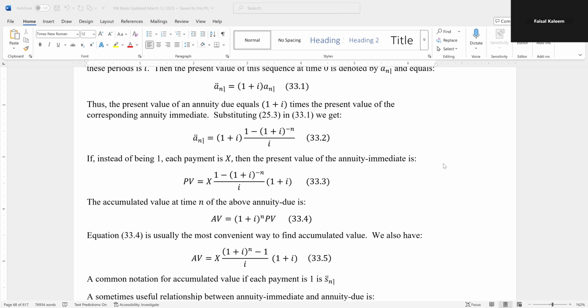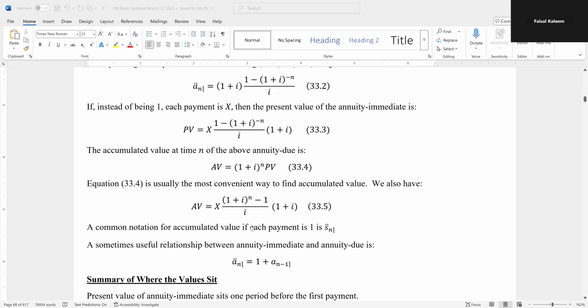And the accumulated value is again the fundamental rule that anytime you have a present value and you want its accumulated value after n periods, you just multiply the present value with 1 plus i to the n.